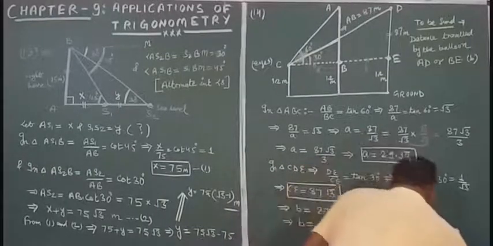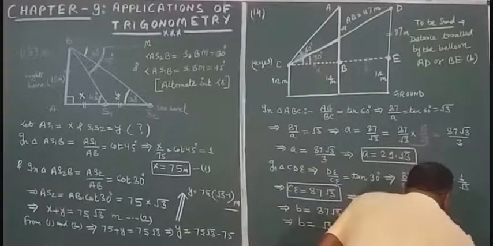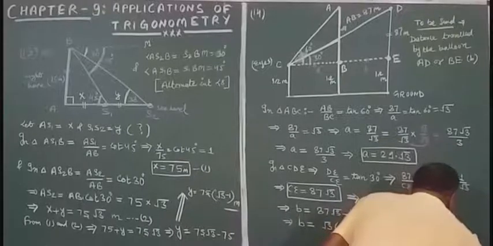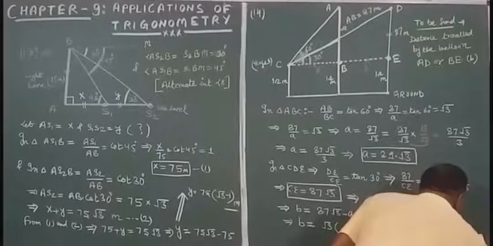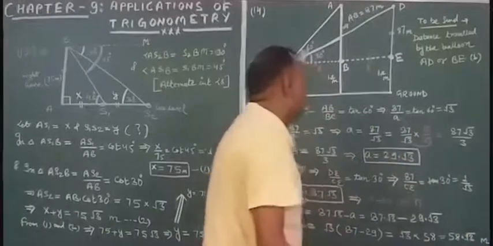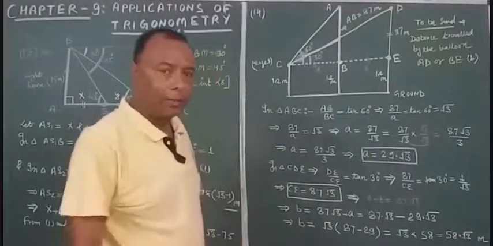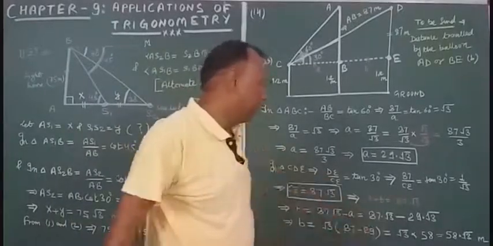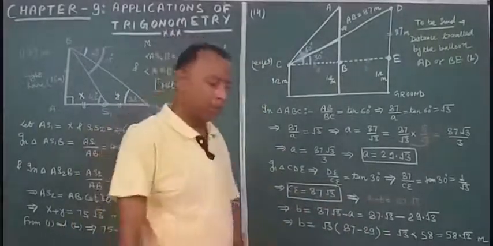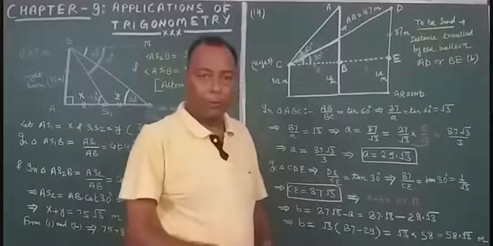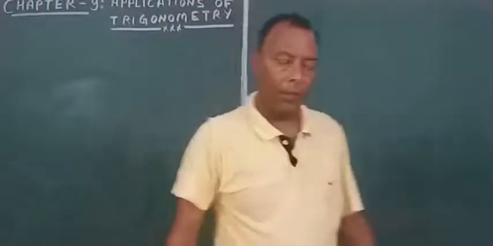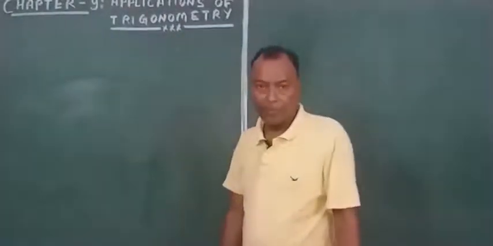So what is the answer? 58 into under root 3 meter. So what is the distance traveled by the balloon during the flight of the balloon? That is 58 under root 3 meter. Now this is question number 15.